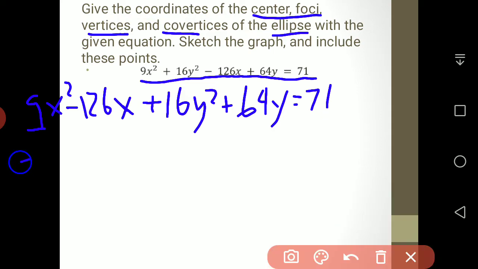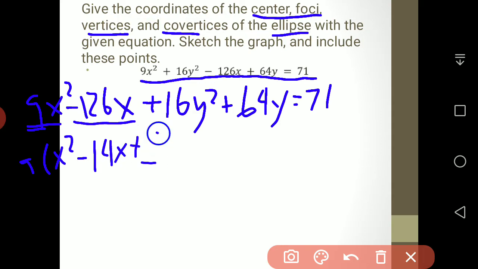We have 9 open parentheses x squared, 9x squared divided by 9, that's just x squared, and negative 126x divided by 9, that's negative 14x. Then we are going to put a space here, since we are trying to achieve a perfect square trinomial.